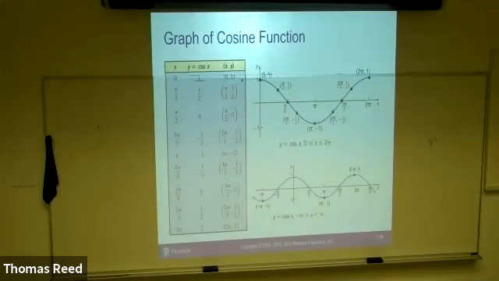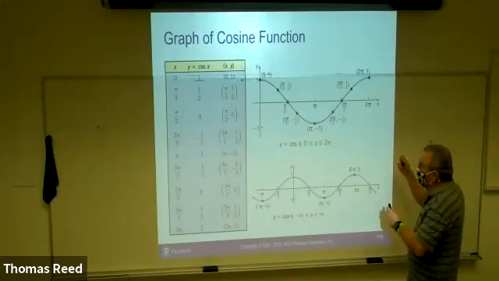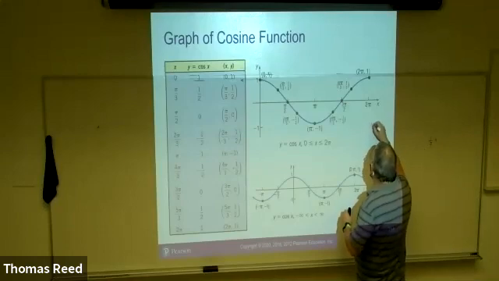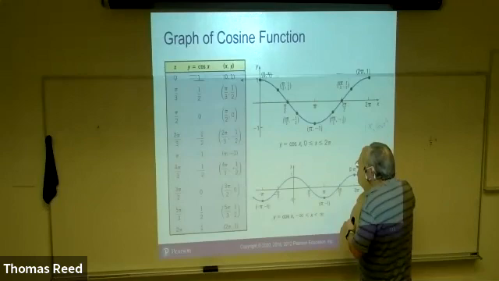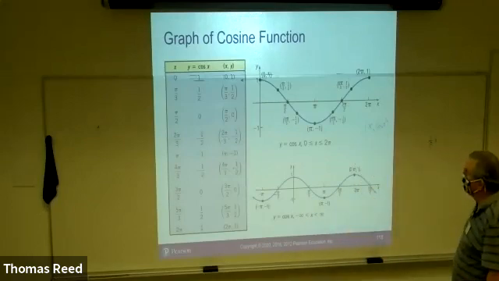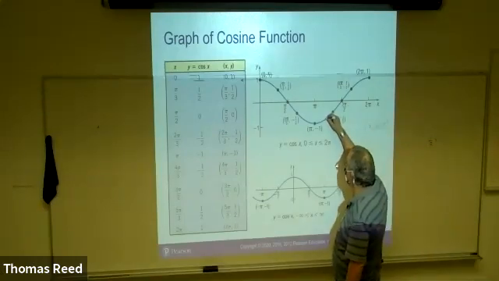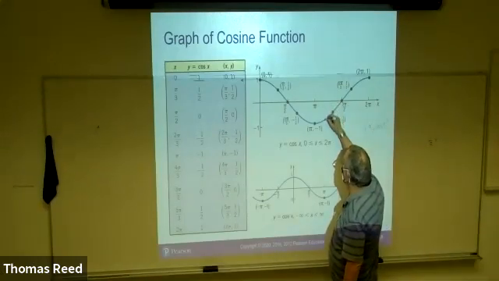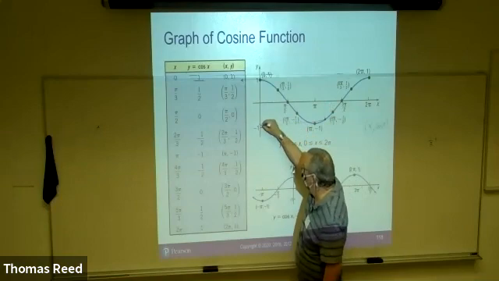We're doing the same thing, graphing the angle with the sine value. So each of these points are, in this case, x, cosine x. So that's the value of each point on here, where this is the angle value and this is the cosine value.